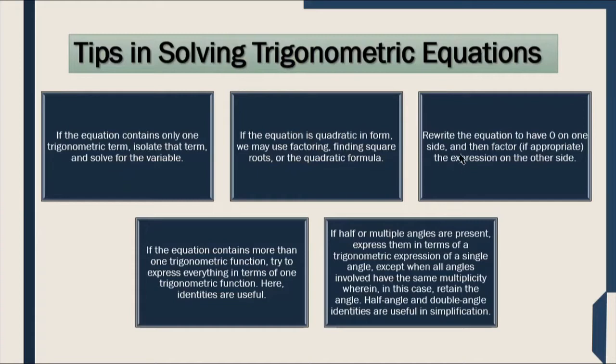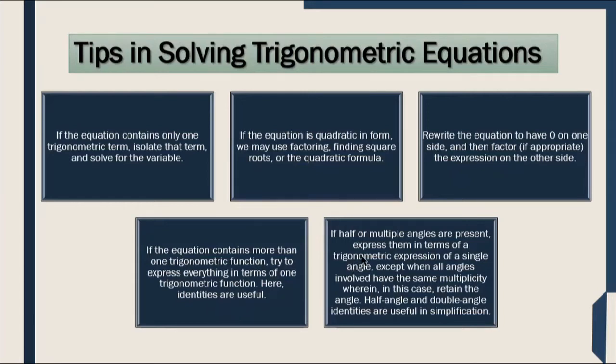Third tip, rewrite the equation to have 0 on one side and then factor, if appropriate, the expression on the other side. Number 4, if the equation contains more than one trigonometric function, try to express everything in terms of one trigonometric function. Here, identities are useful.